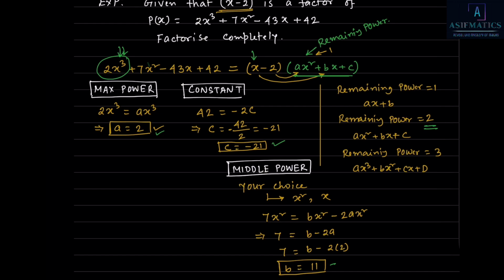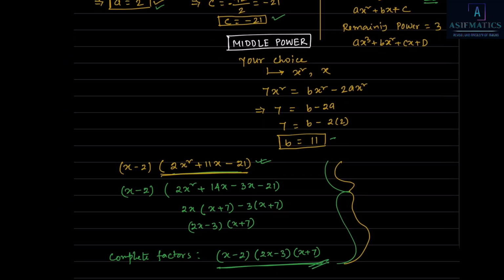In that case you use that factor and do the long division to find the remaining factor, and if it is a quadratic, you know how to solve the quadratic to get the factors. The second situation is that no factor is given, the polynomial is there and they ask you to factorize completely.